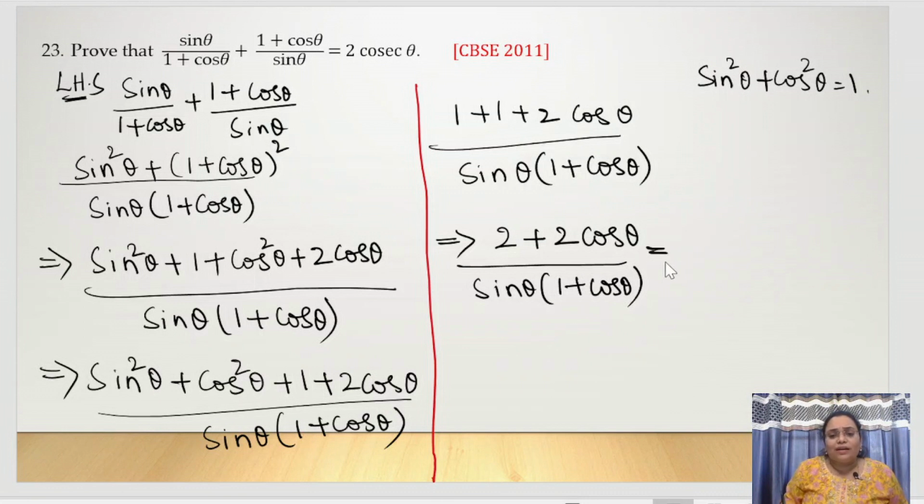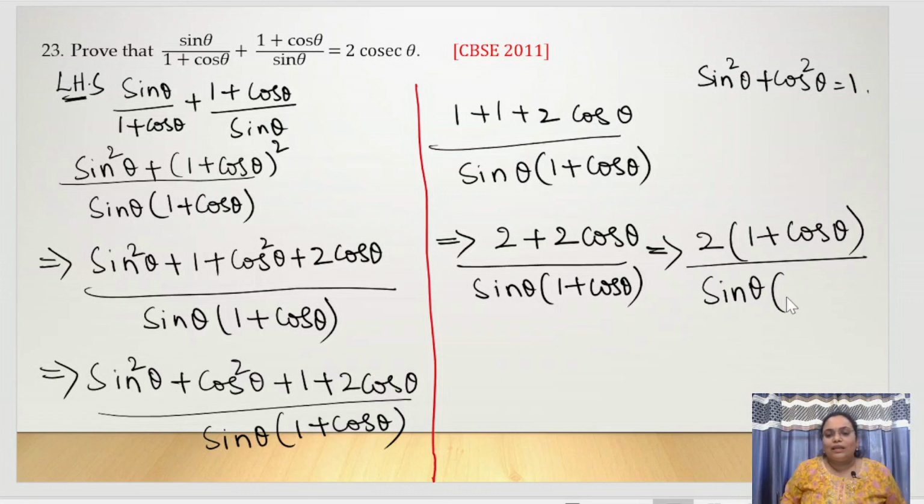From here I can take 2 common. You will get 1 plus cos theta. In the denominator, the denominator will be same, sine theta into 1 plus cos theta. So 1 plus cos theta, 1 plus cos theta will get cancelled.